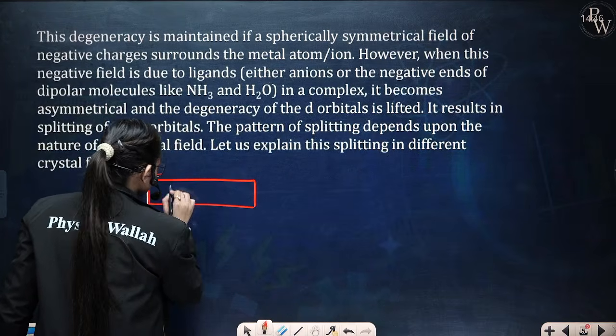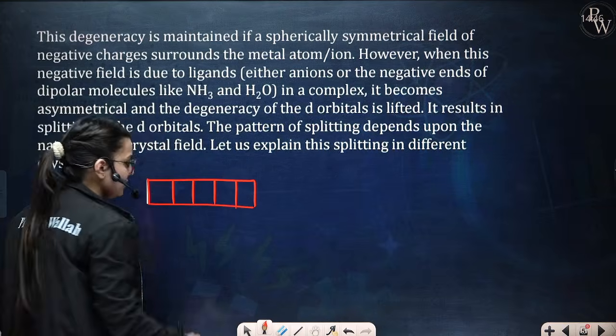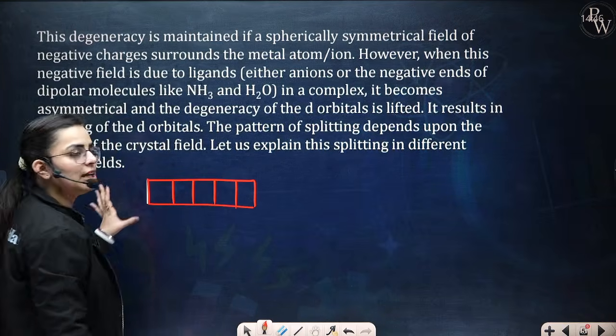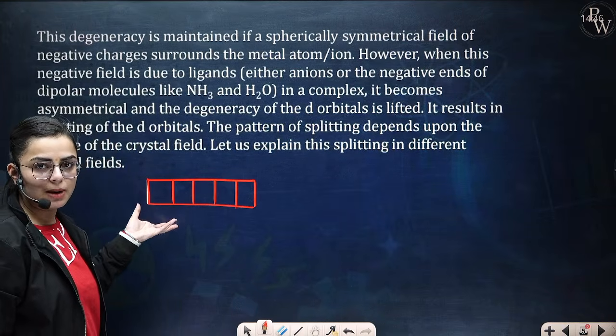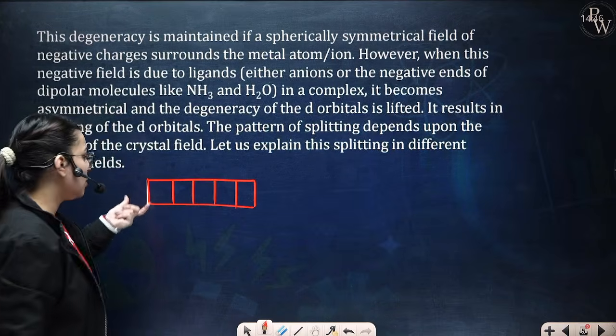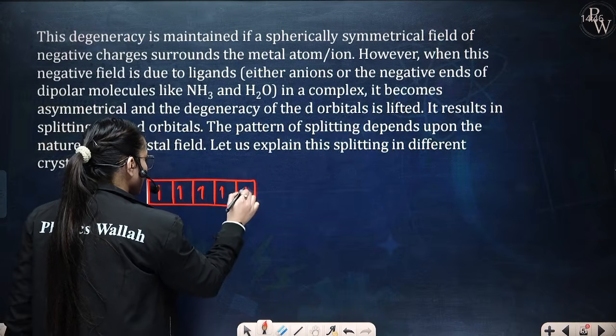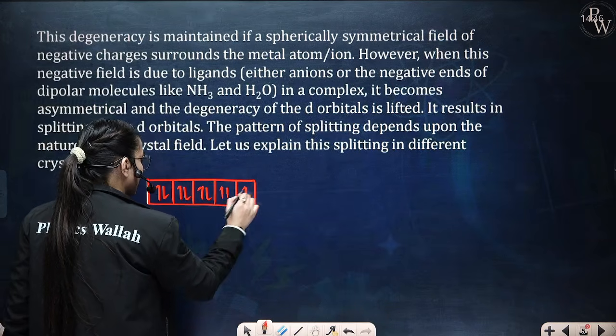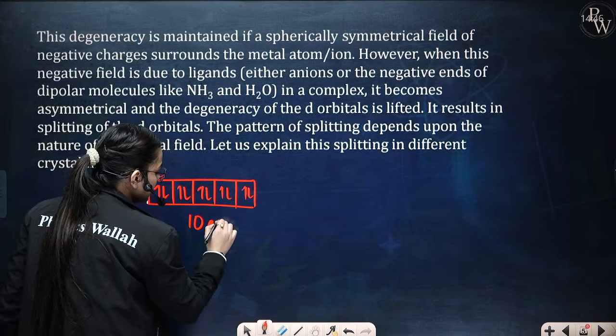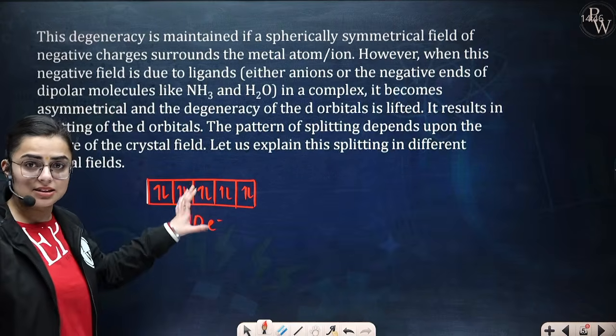You know that there are 5 orbitals like this, and how many electrons shall be present inside them? You can tell automatically, because each will contain 2 electrons. That means 1, 2, 3, 4, 5, 6, 7, 8, 9 and 10. So a maximum of 10 electrons can be present in the d orbitals.